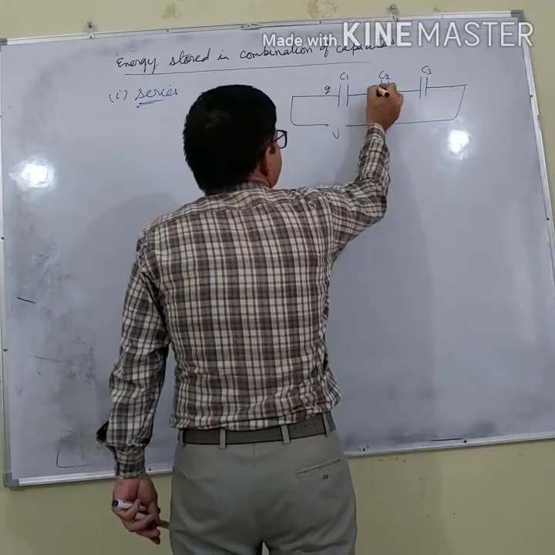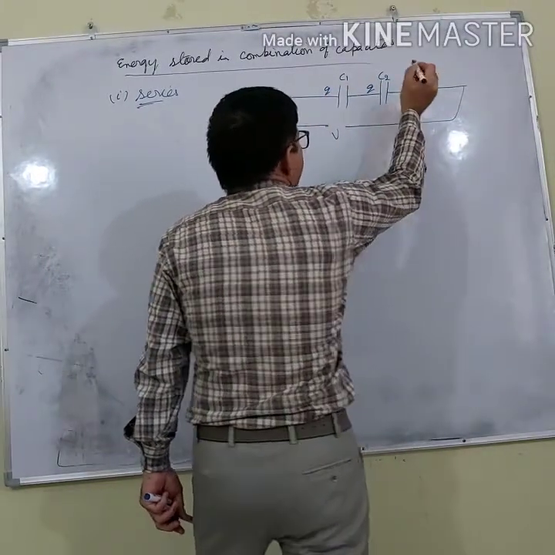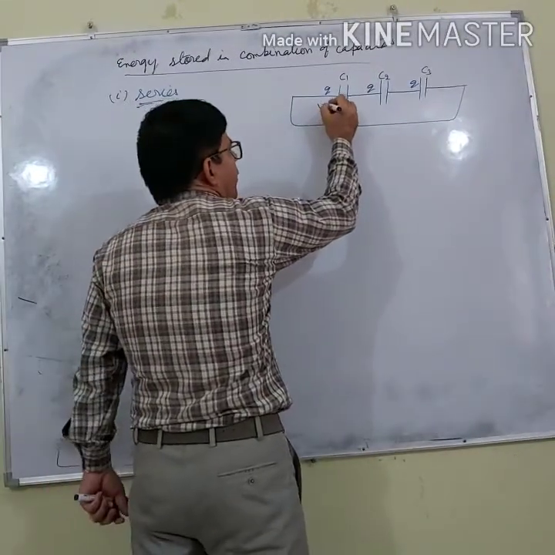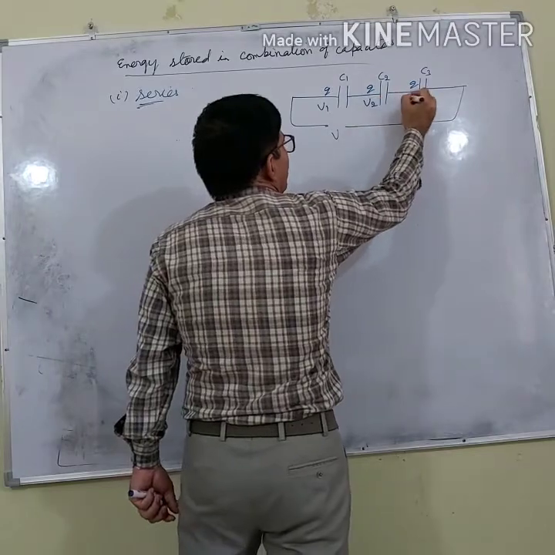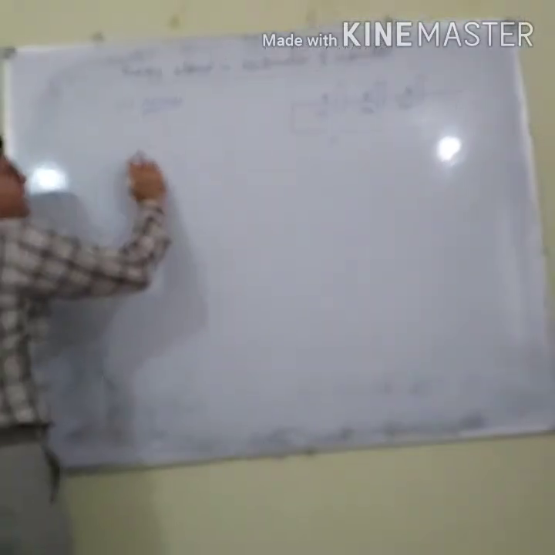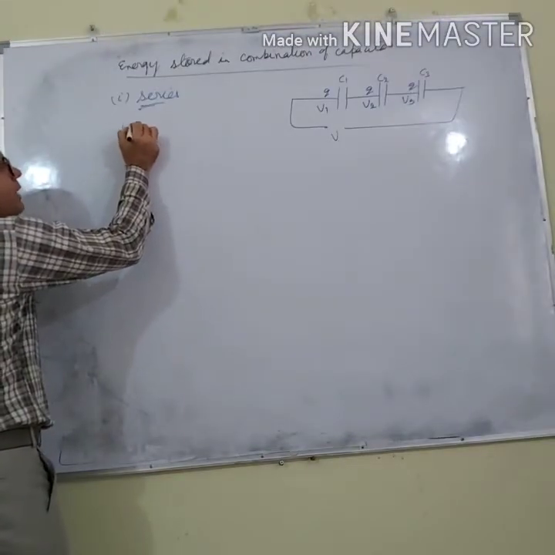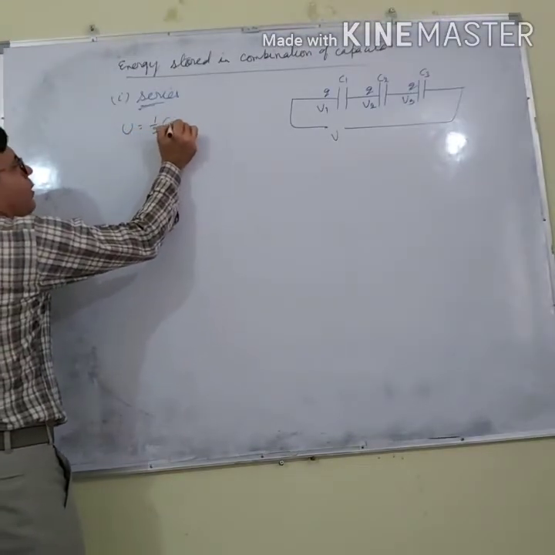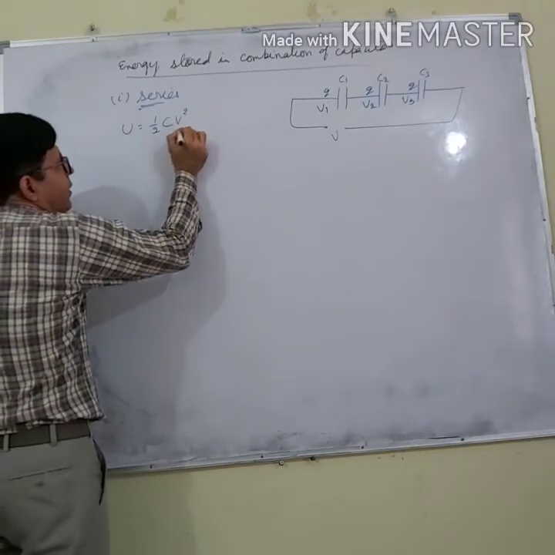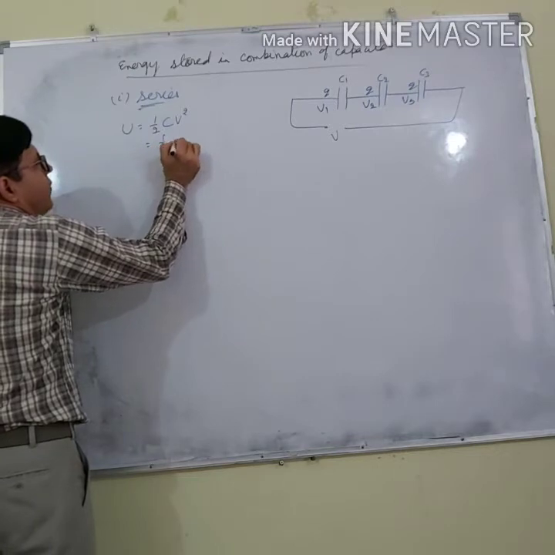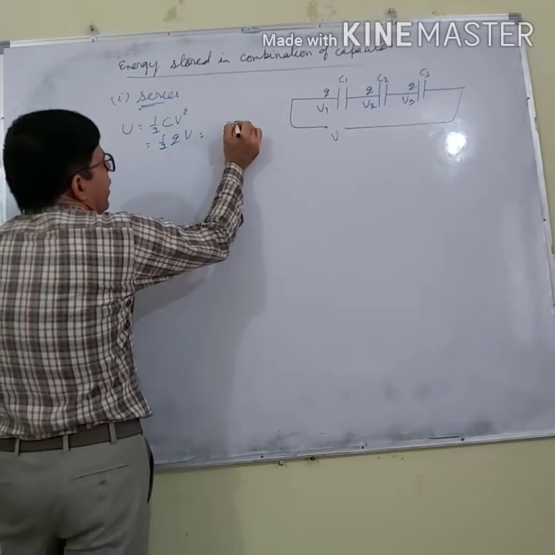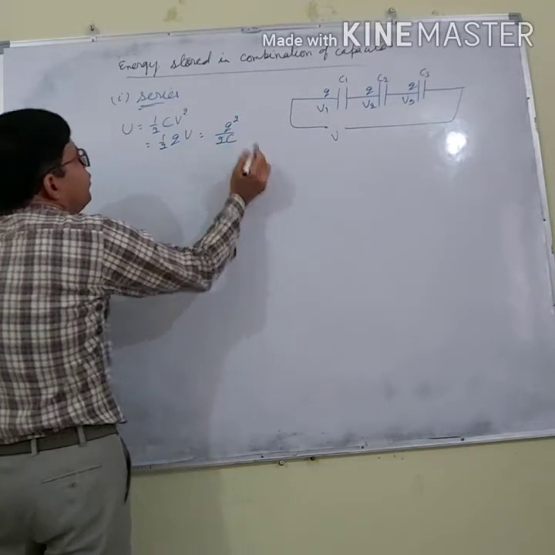So I can say the charge on each capacitor is Q. Let us say the potentials are V1, V2, V3. Now you have done three formulas of potential energy: 1 by 2 CV square, another formula half QV, and Q square by 2C.